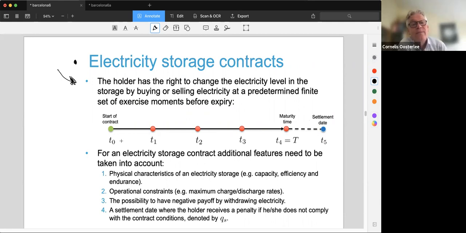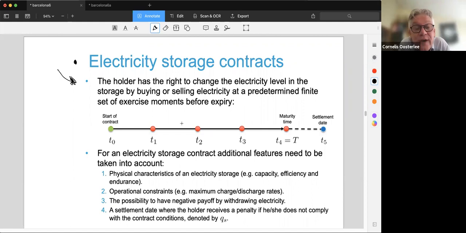So the holder has the right to change the electricity level in the storage by buying or selling electricity at a predefined finite set of exercise moments before expiry. So at each time in the future, the utility owner or the holder of this electricity storage contract, it's a financial contract, has the opportunity to either buy electricity or to sell electricity from the storage.